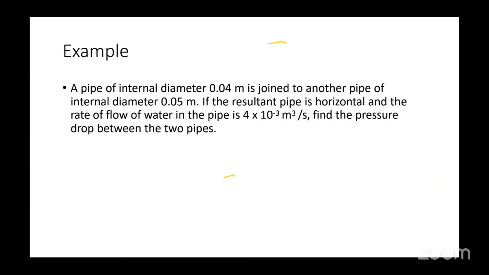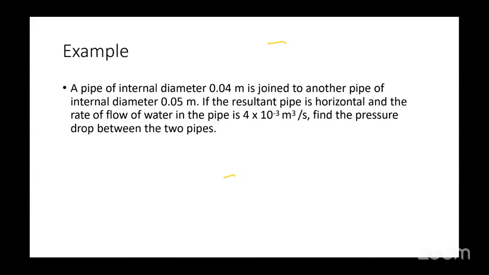Okay, let's take the last example for today, and then we'll send the materials so that you can go through the other examples listed there. A pipe of internal diameter 0.04 meters is joined to another pipe of internal diameter 0.05 meters.